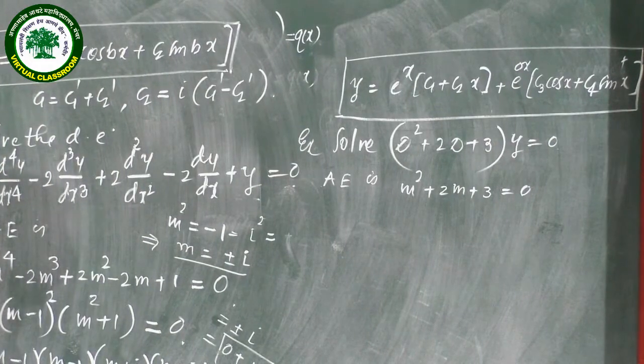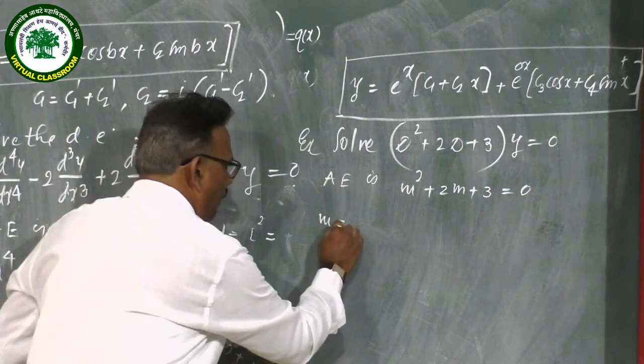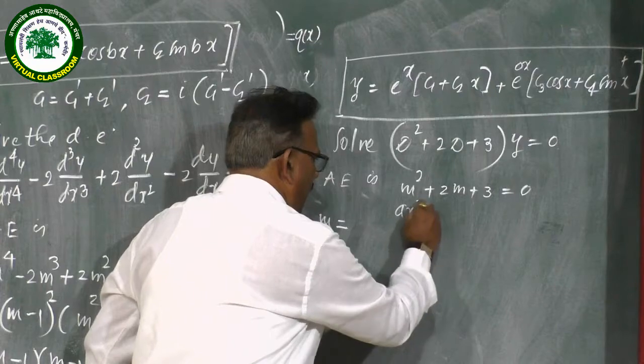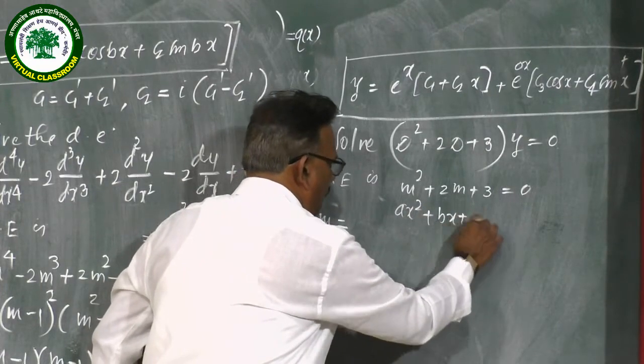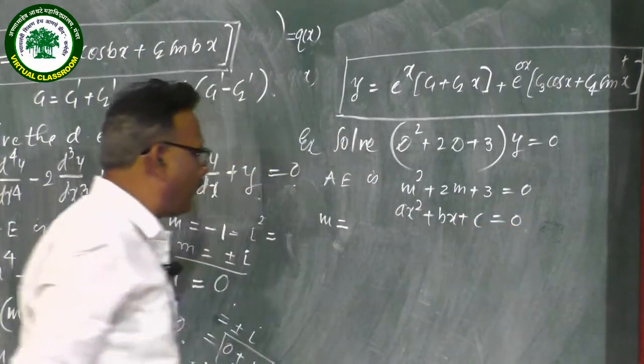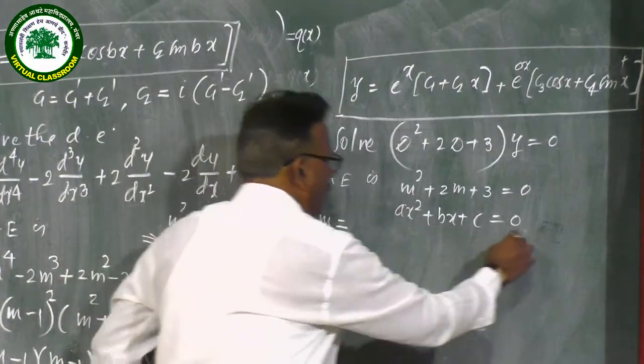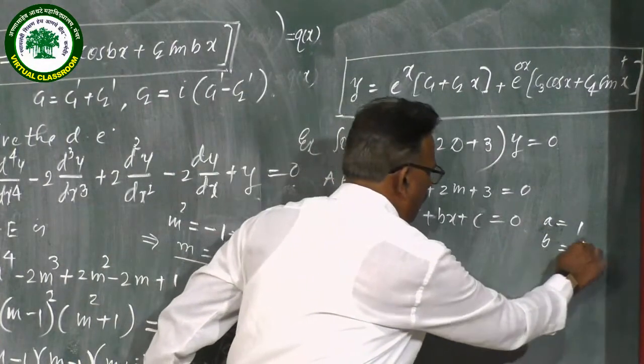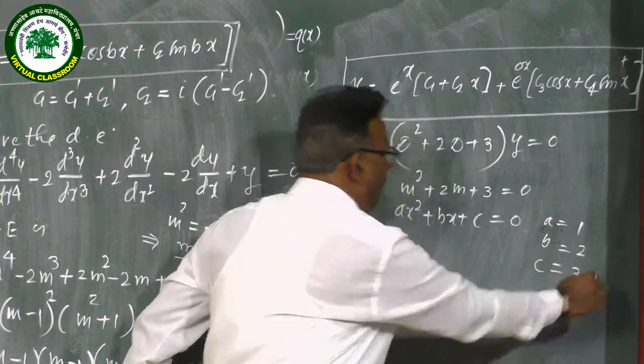This is a quadratic equation having complex roots. Try to understand, you can compare with ax² + bx + c = 0. What is the value of a? Here a = 1, b = 2 and c = 3.